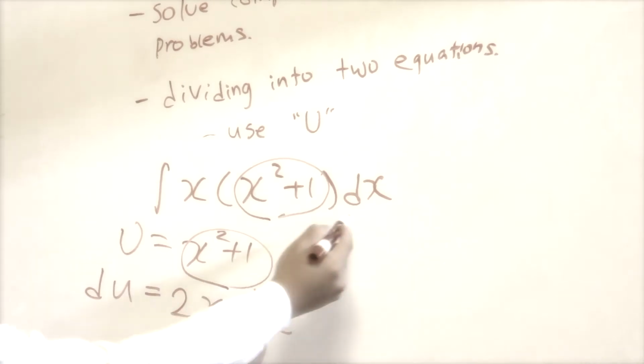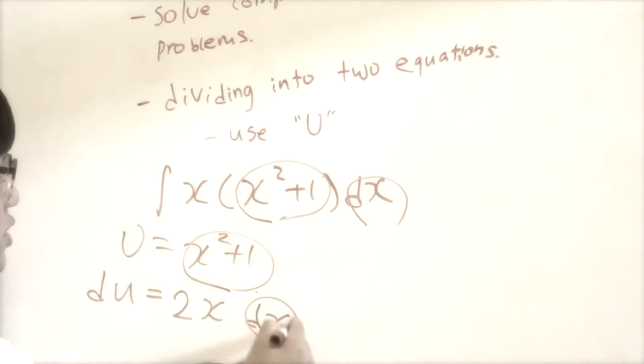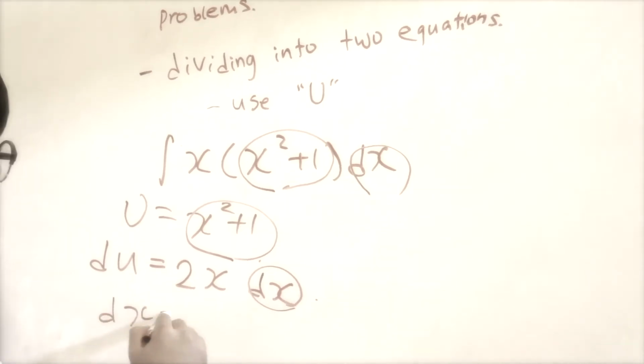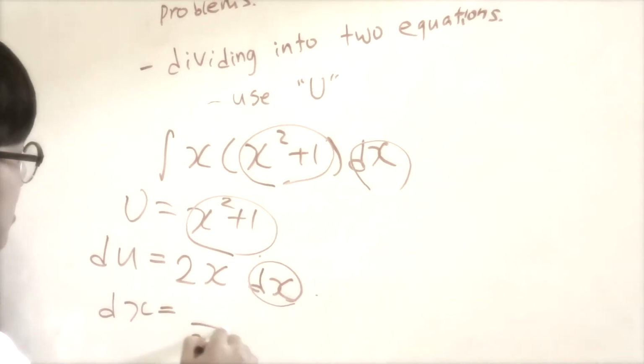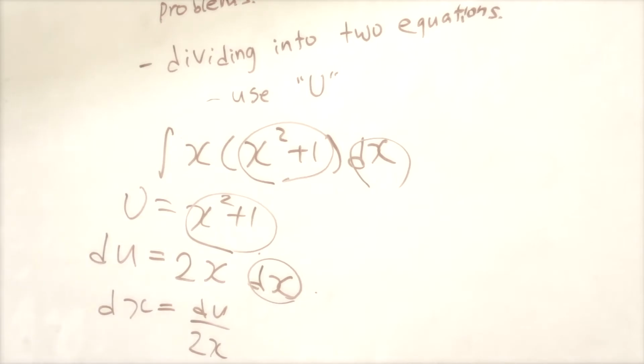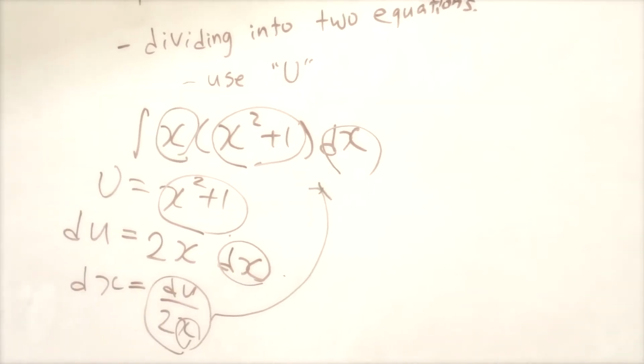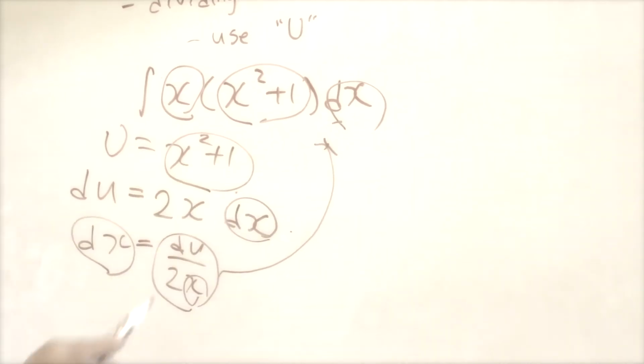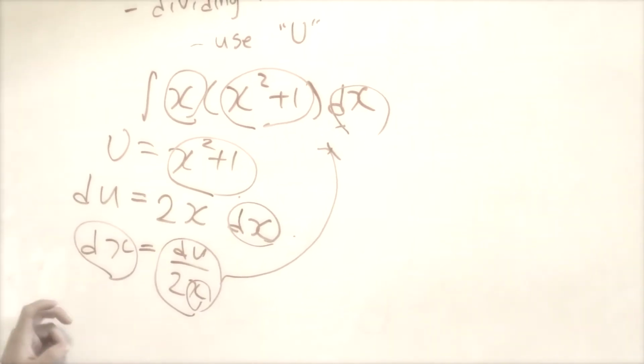See, dx and dx match here, so I'm trying to solve for dx. So dx equals du over 2x. So I'm going to substitute this dx so we can make the equation simple.